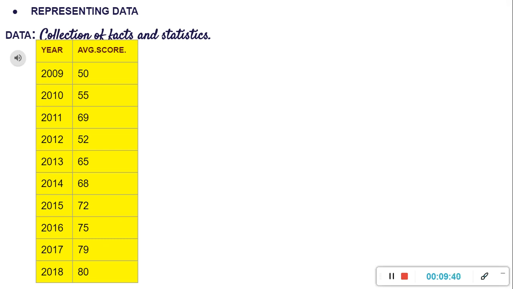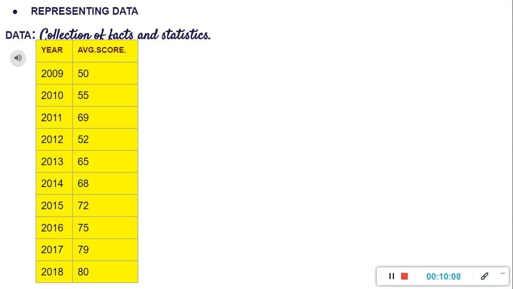So in 2009, all those 2000 students might have scored something. Somebody would have scored 40, somebody 60, somebody even 90. So an average of all of these might give you an average score of 50 percent. For 2010, it might be 55 percent. Like 2011, it might be 69 and so on.